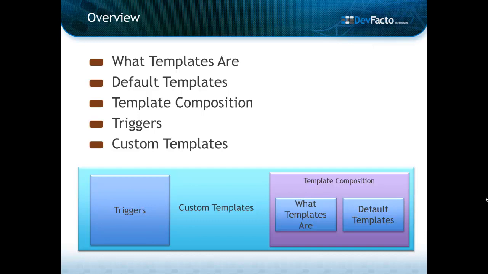We're going to go over triggers and how they can provide some action and some dynamicism, if that's even a real word, to your templates and also your controls. And then we'll go over custom templates. I've provided a little diagram here of how I think they all fit together.